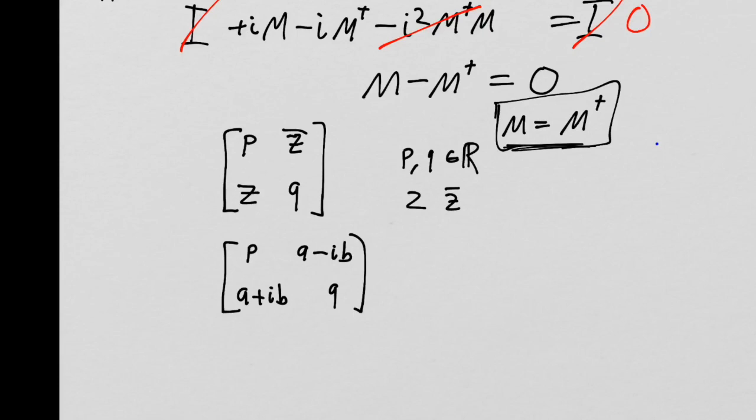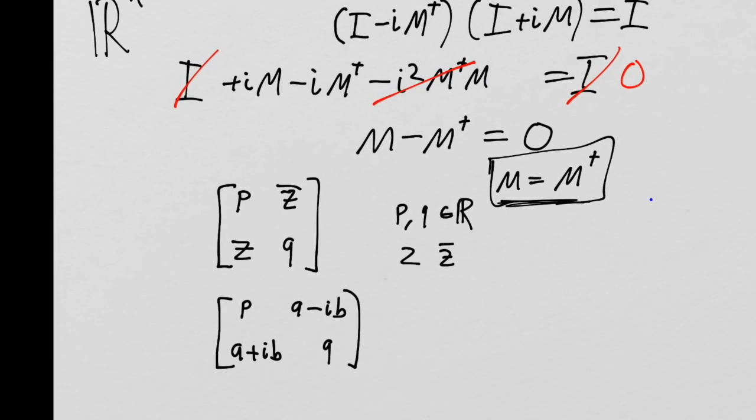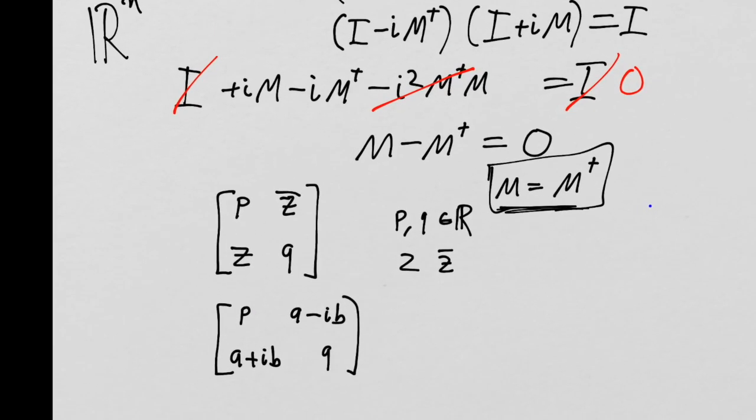Now the other thing that's important is these guys have to be infinitesimal. Remember, the way this makes sense is if M is an infinitesimally small matrix, using this convention with the i. I should look at the other way.